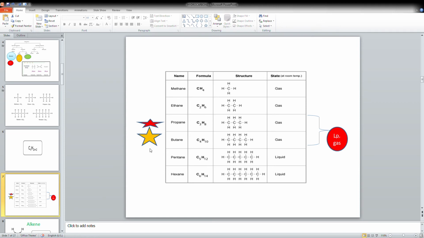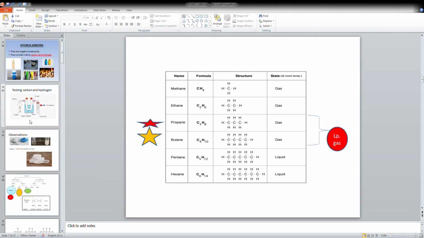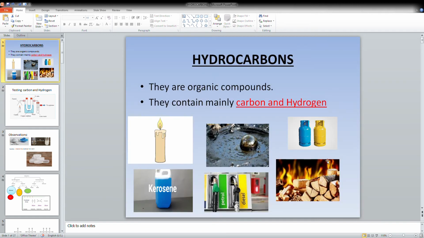I put the 2 star marks here to indicate one important point. When you get propane and butane, you should know they are very important gases. Why? Because of LP gas, liquid petroleum gas. You remember the first diagram, where LP gas is a hydrocarbon.